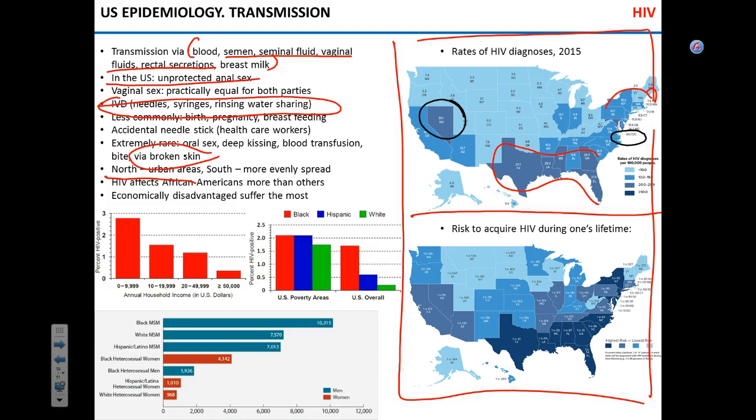And then you look at the Midwest, it's pretty low. And then interesting data, it's the risk to acquire HIV during lifetime. Okay? 1 in so many. I believe the highest is something like D.C., 1 in 96.